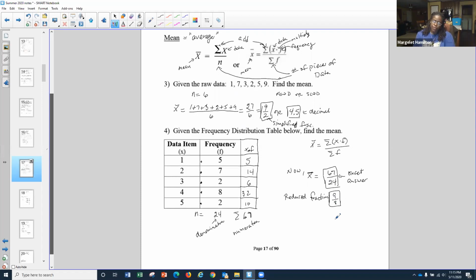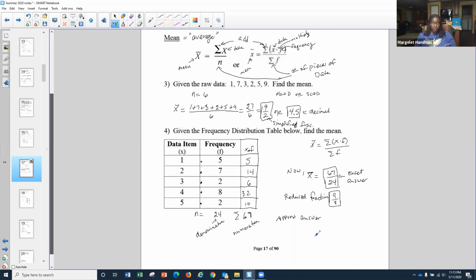What if they ask us for an approximate answer? Our approximate answer, when we put that in the calculator, we said that 67 over 24, did I put the wrong thing in there? Divided by 24.